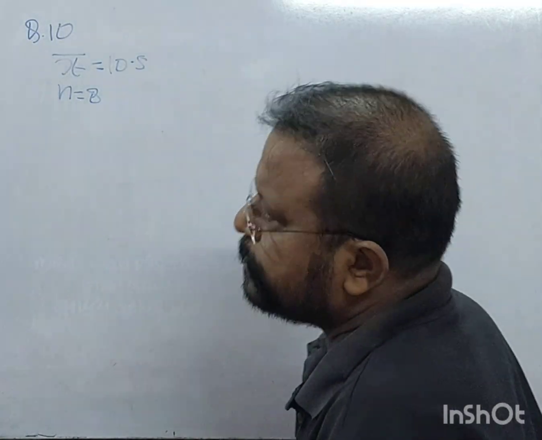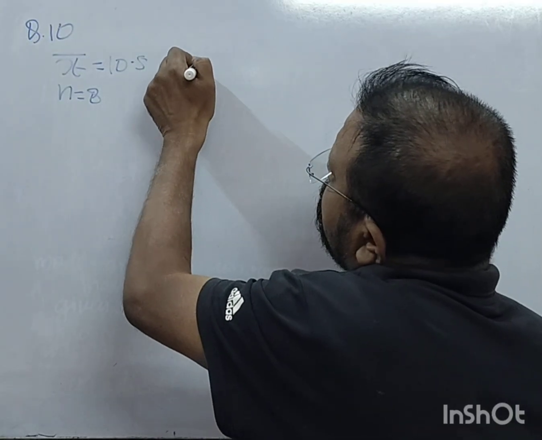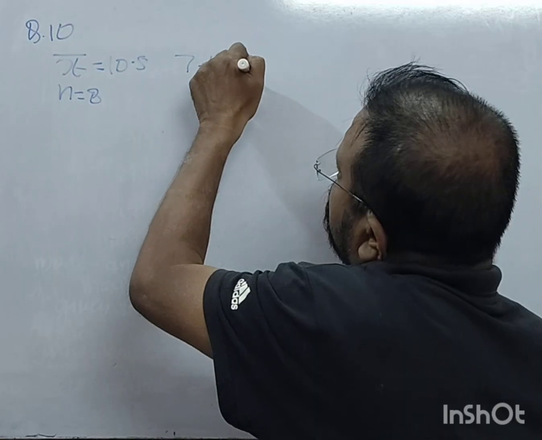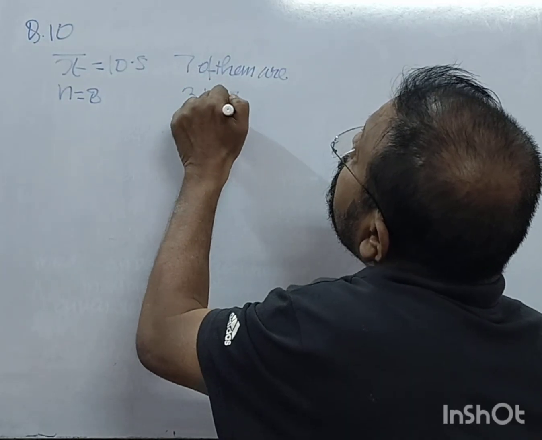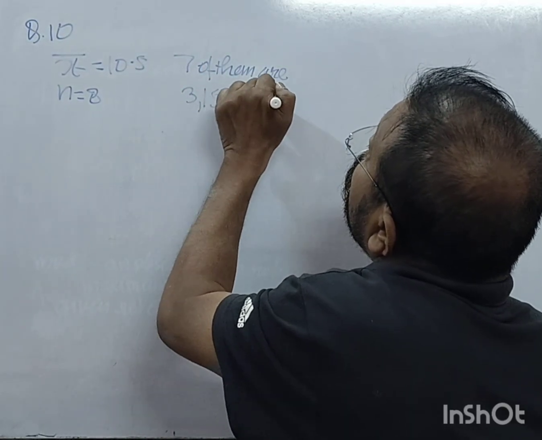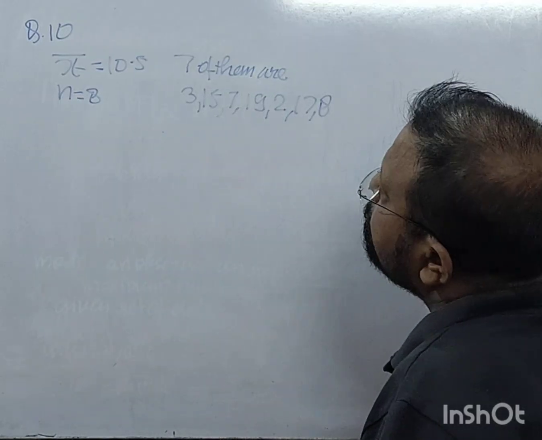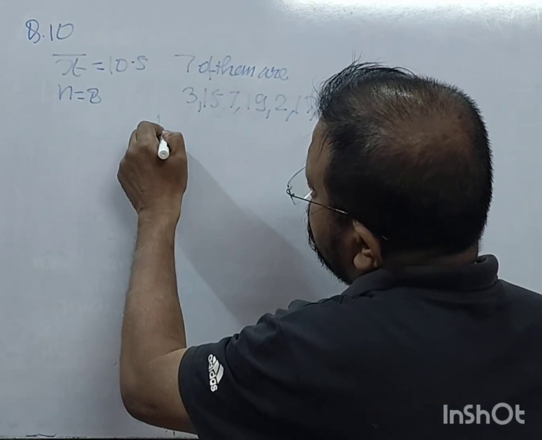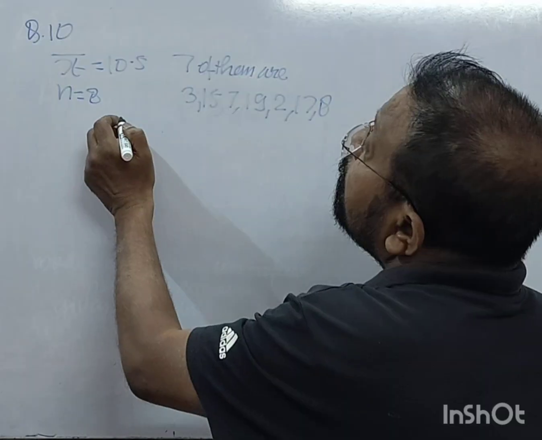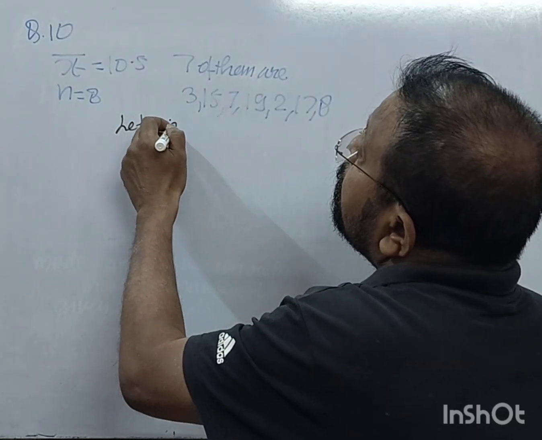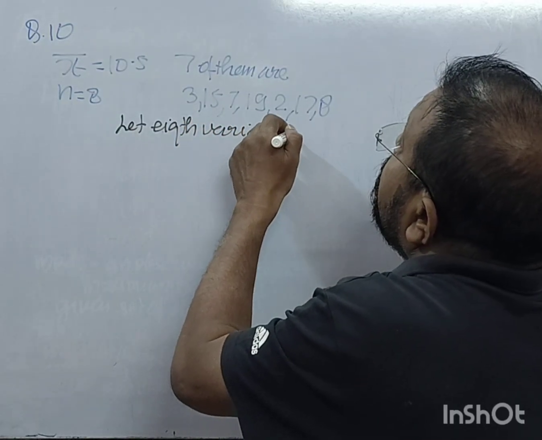If 7 of them are 3, 15, 7, 19, 2, 17, 8, then find the 8th variate. ठीक है। तो let eighth variate be x.